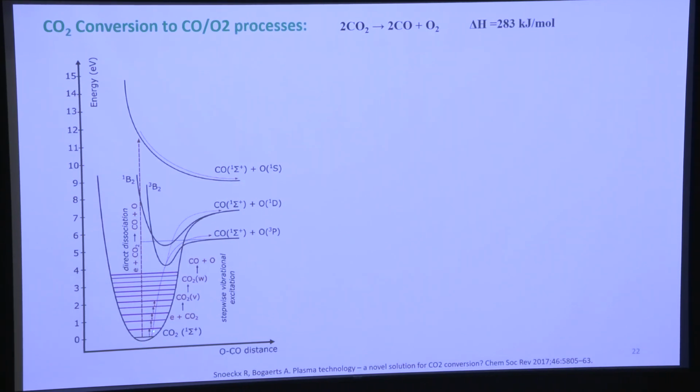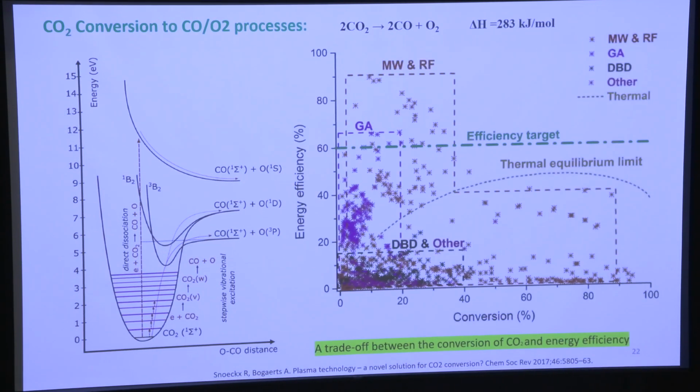So if you can pump in the vibrational state of CO2, instead of electronic excitation of CO2 to dissociate, then you save a lot of energy. So really the question is how can we, using an electron process, vibrationally excite CO2, then dissociate into CO and oxygen, so that makes a CO2 reduction.